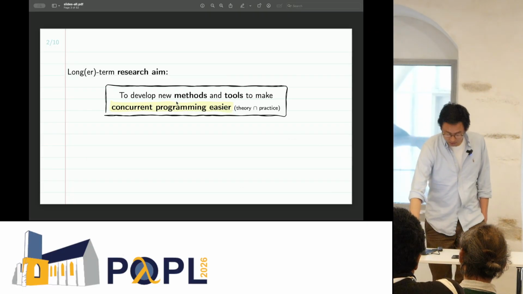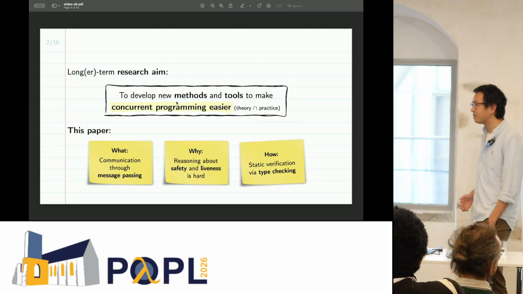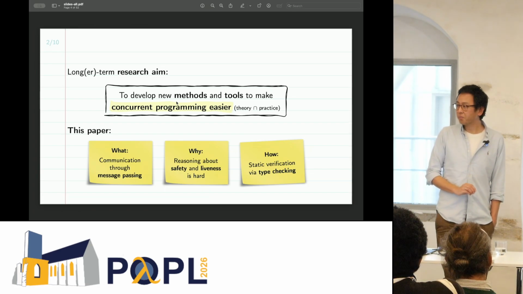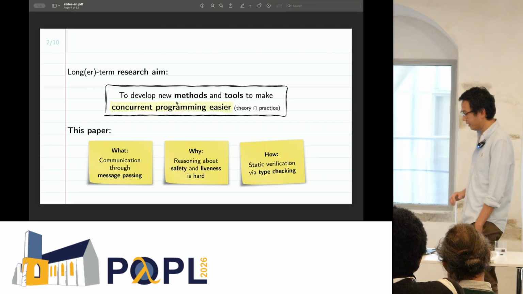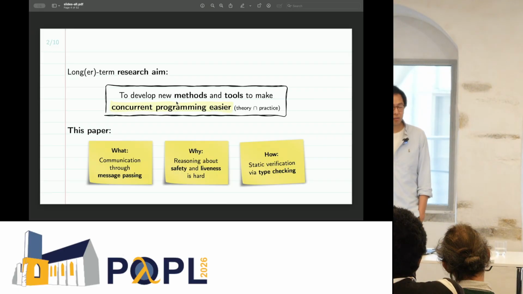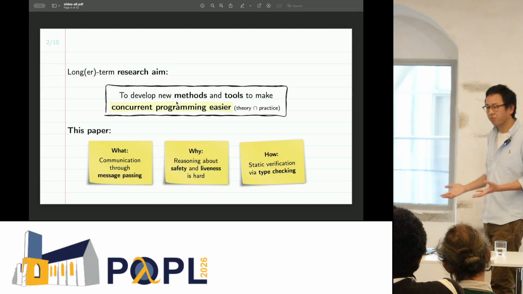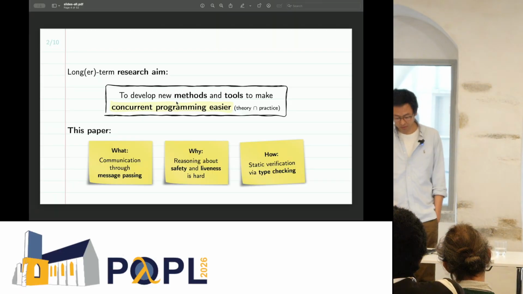Okay? And for this class of programs, we want to help programmers reason about safety and liveness properties, and in particular those that pertain to the message passing behavior that the processes engage in. Okay? And the way that we do that is by providing programmers advanced type systems that can take some of the burden for these programmers. This is, in very broad strokes, what the paper is about.